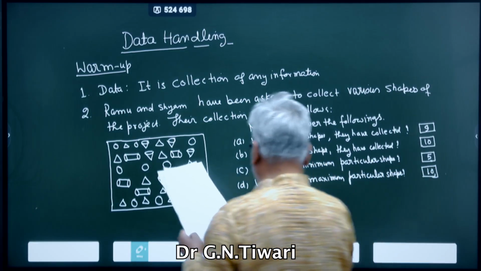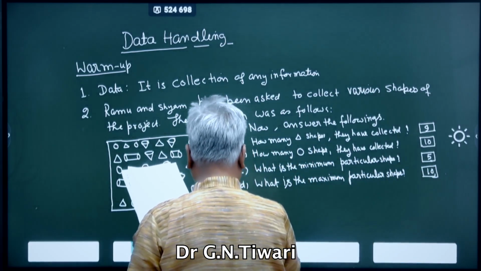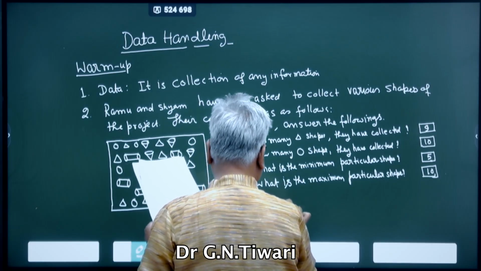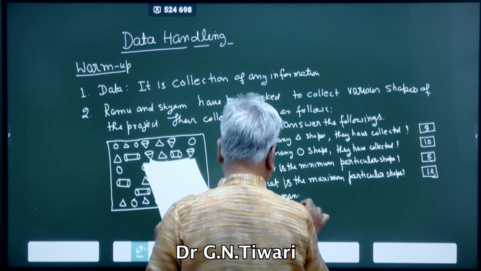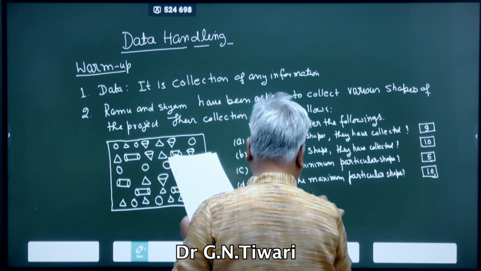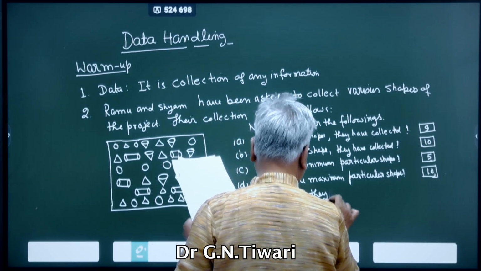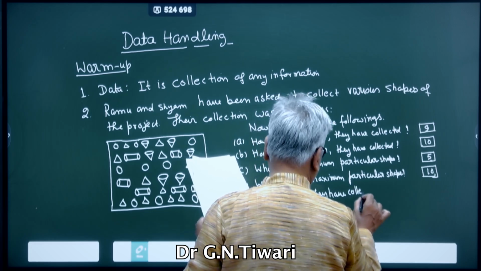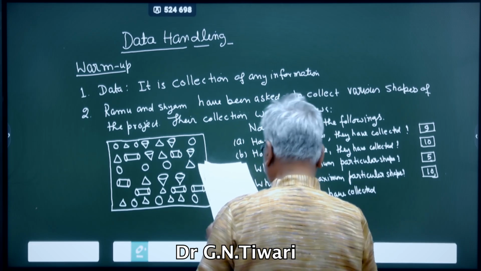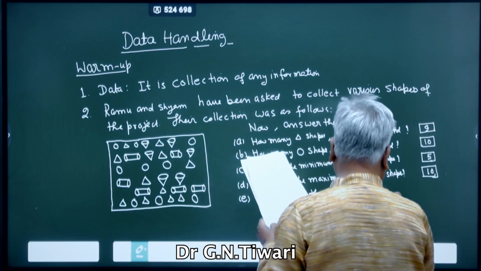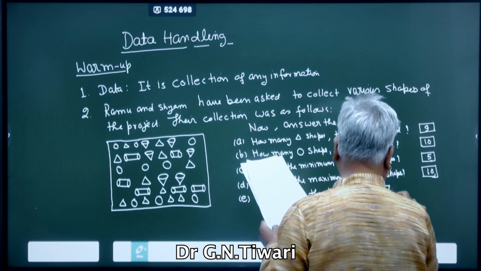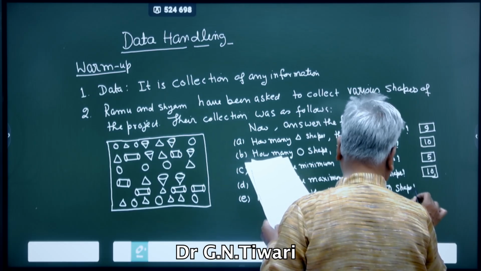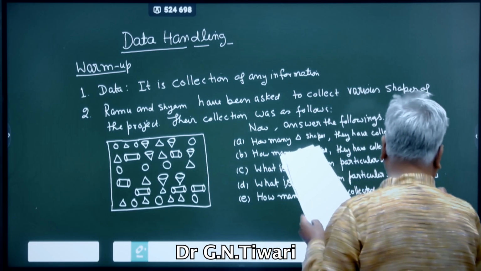Now next question E, how many cylindrical shapes have they collected? Counted, you will find 5.